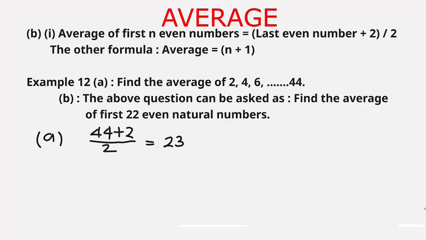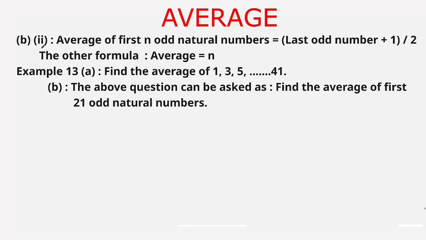And if the same question is asked as find the average of first 22 even natural numbers, 22 is the number of terms which is n. So the average will be 22 plus 1 equals 23. I hope you have understood the question and method of solving using the above formula. We go to the next point.